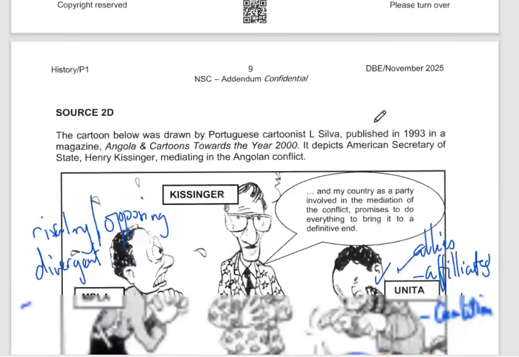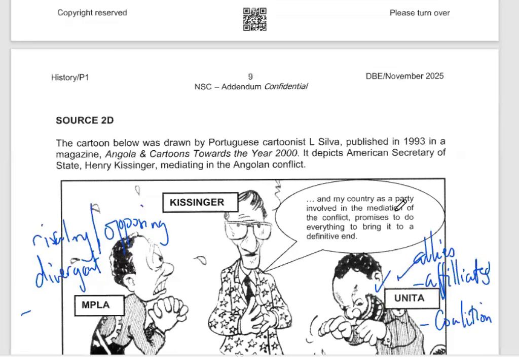It's supported by the fact that Kissinger is saying his country is part of the mediation of the conflict. The fact that Kissinger is saying America is part of the mediation process also suggests that the USA wanted to create a peaceful and stable climate in independent African states.